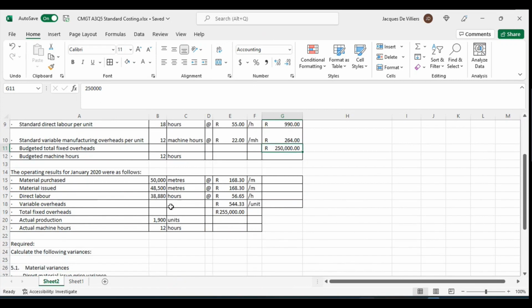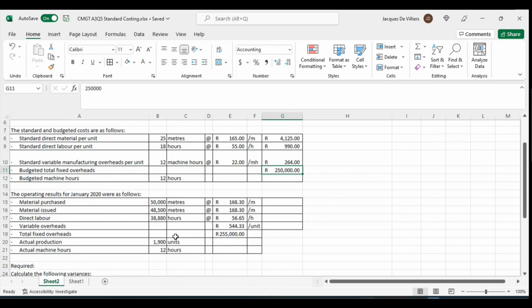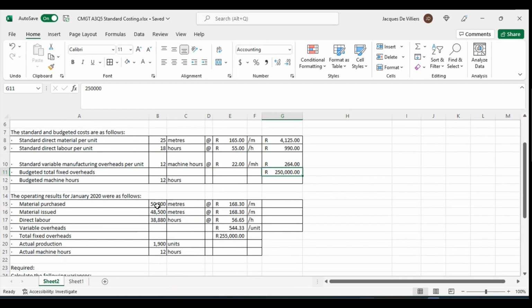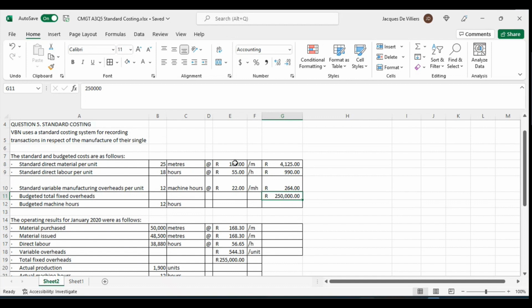Okay. Now we start looking at what really happened. Now this part is given. They say to us that we purchased 50,000 meters at 168. Now you can already see here, if you look at it, that 165 is less than 168. So we are paying a little bit more for our material than we expected.